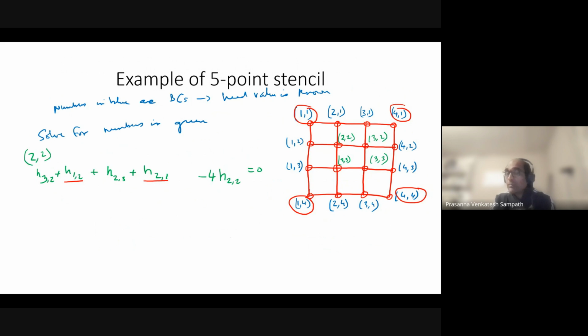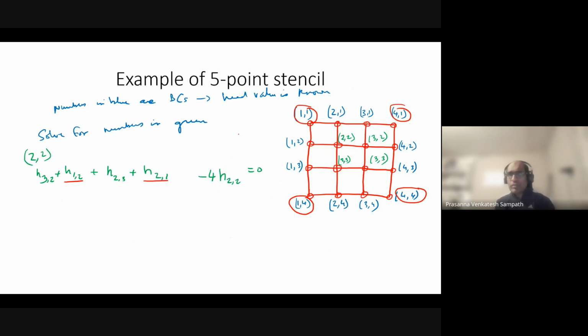And minus 4 times h of i,j is 4 times h of 2,2 equal to 0. This is the equation that I had. So I've written this equation for cell number 2,2. Okay. And then you will notice that in this equation, I have underlined 2 of the terms in red. What are those 2 values?